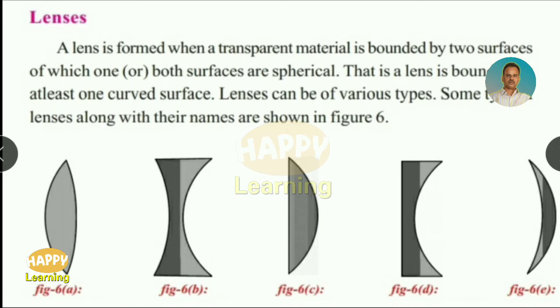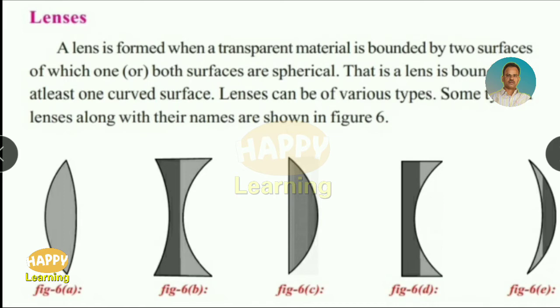So a lens is a transparent material having at least one spherical surface.